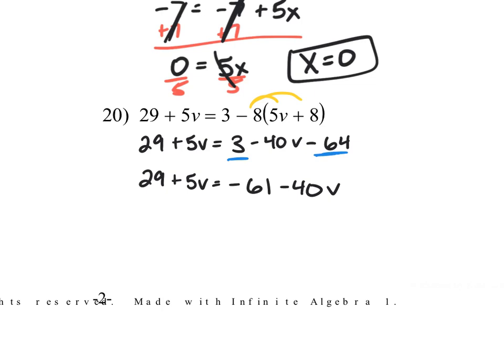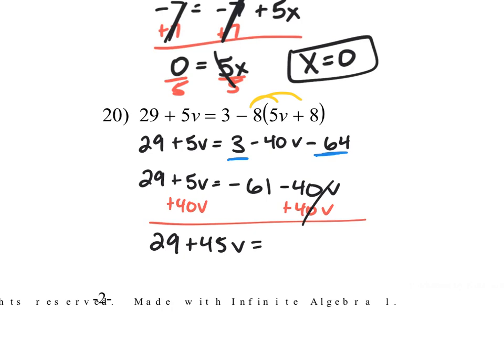All right. Now, from there, it's all about getting our like terms together. So the first thing I'm going to do is add 40v to both sides so that my v's all come together. So I get 29 plus 45v equals -61.